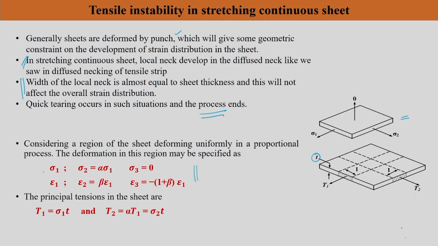Sigma 2 is equal to alpha into sigma 1, and sigma 3 is 0. You have epsilon 2 equal to beta into epsilon 1, and epsilon 3 equal to minus of 1 plus beta into epsilon 1, which you already derived. Principal traction is T1 equal to sigma 1 into t, and T2 equal to sigma 2 into t, which is nothing but alpha into T1. We already discussed all these.